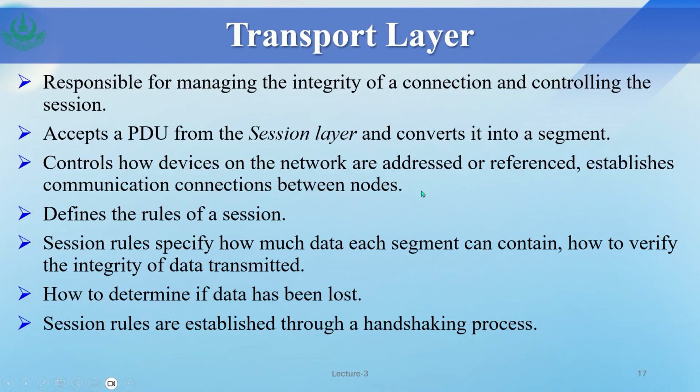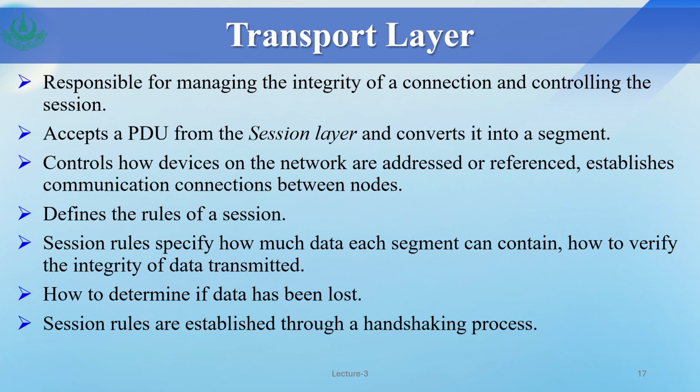Now, the transport layer is responsible for managing the integrity of a connection and controlling the session. It accepts the protocol data unit from the session layer and converts it into different chunks of data called segments. It controls how devices on the network are addressed or referenced, establishes communication connections between nodes, and defines the rules of the session.